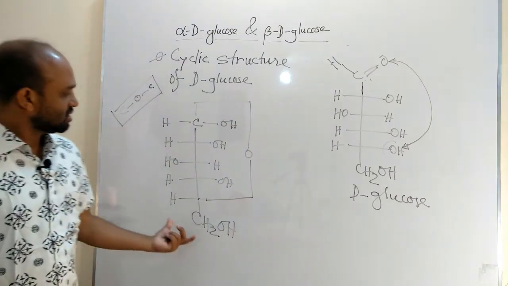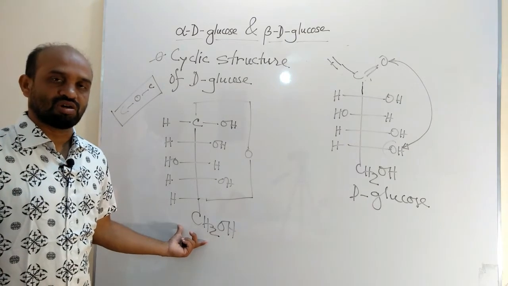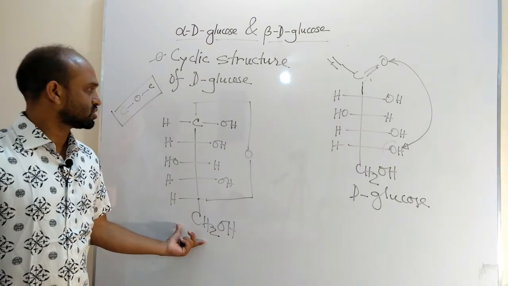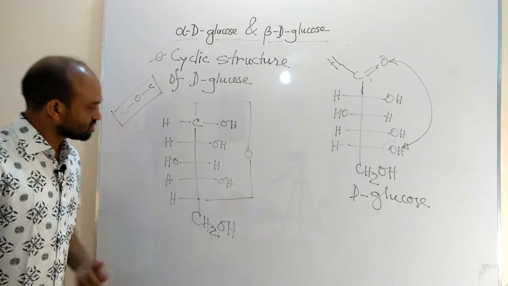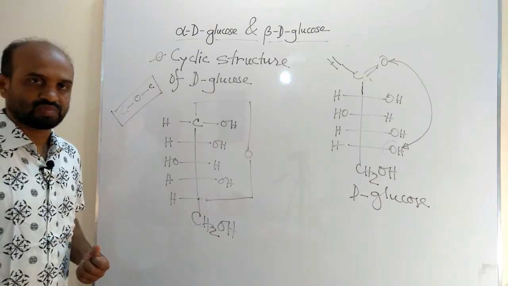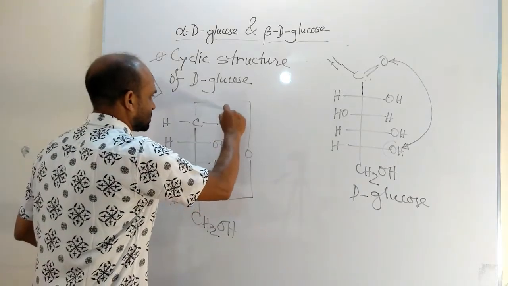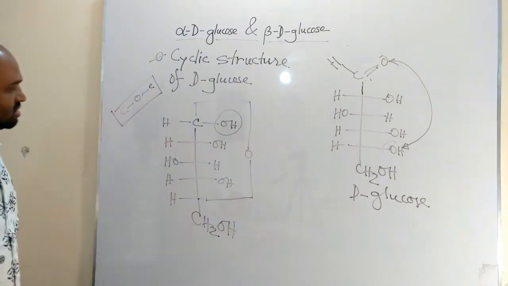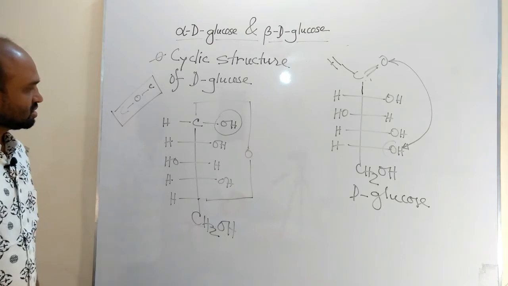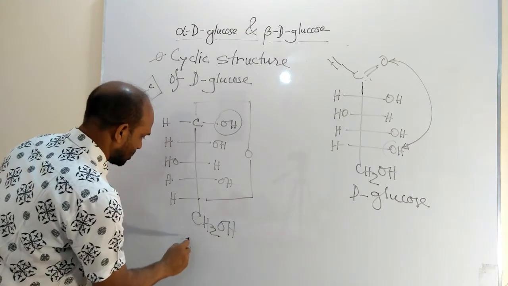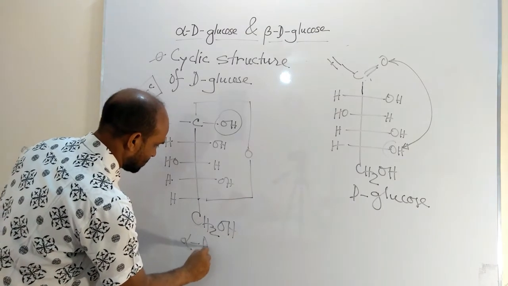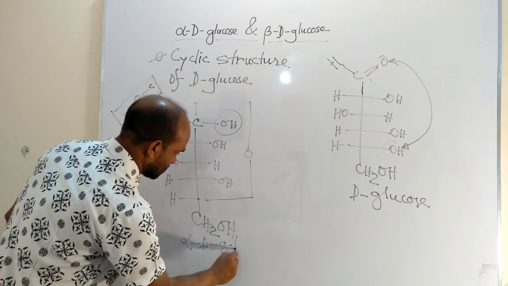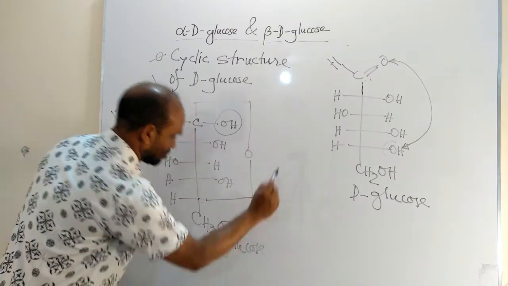So this is the cyclic structure of D-glucose, but it is called alpha D-glucose based on this point, that is the hydroxyl group is on the right side. That is why it is called alpha D-glucose.